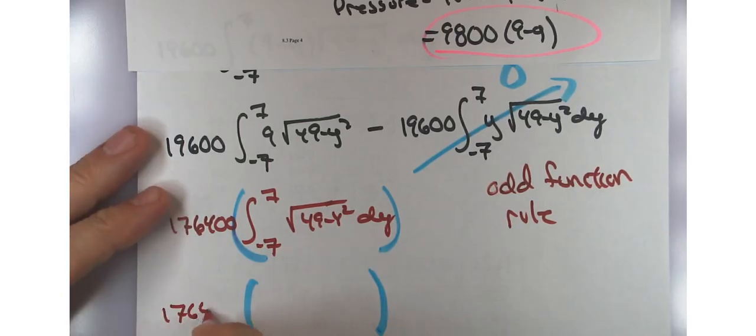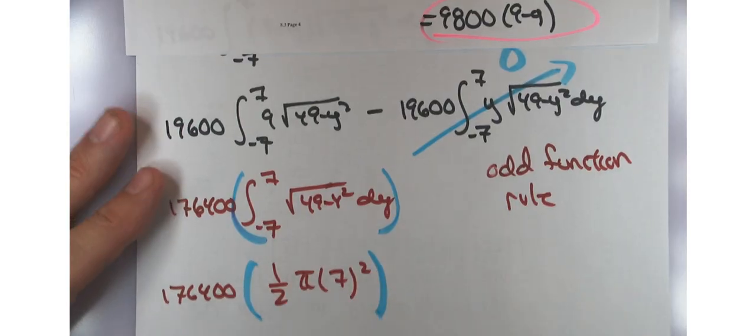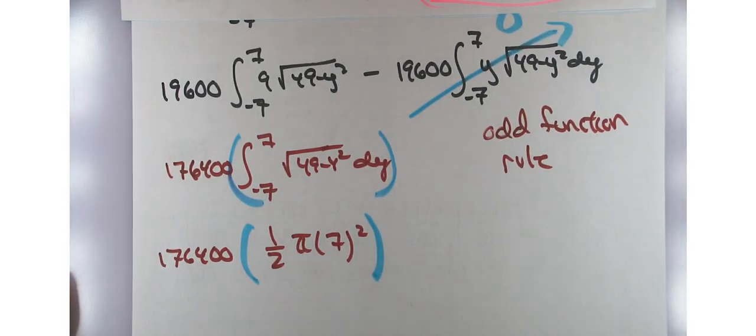So it's 176,400 times 1/2 times pi times 7 squared. So nice. At least this finishes up a little bit easier. Let's see, this is going to be 49 over 2 times pi.